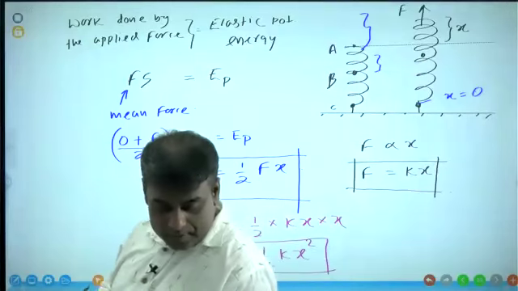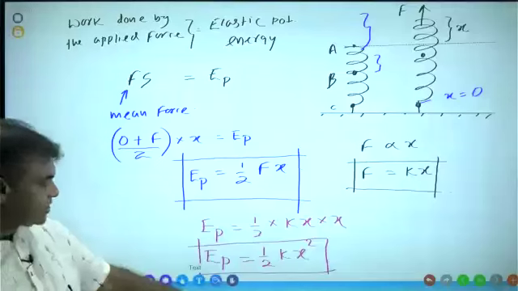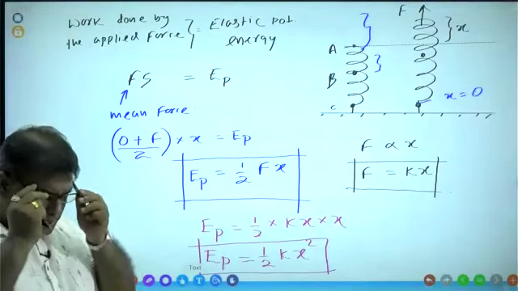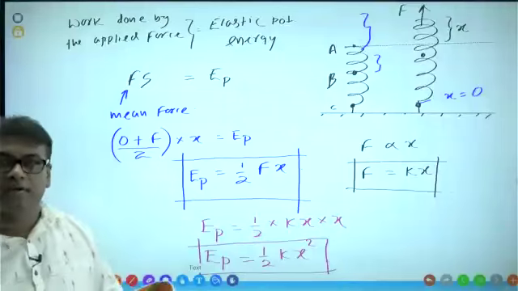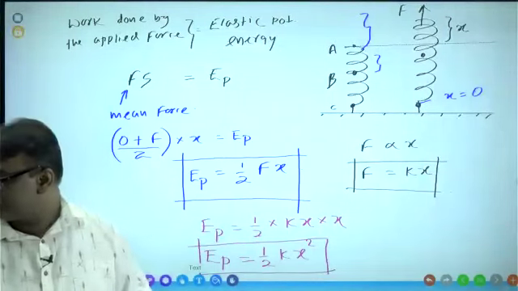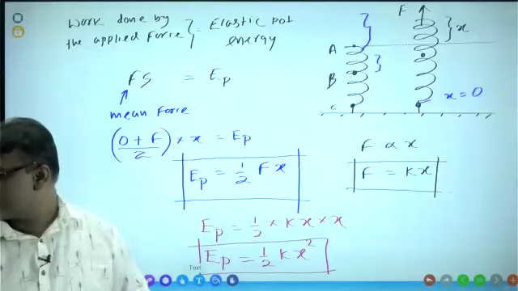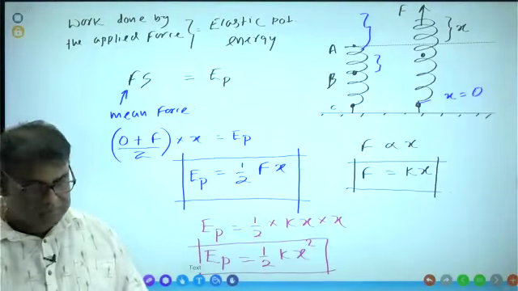Write the topic, energy conservation. Write down: total energy of an isolated system remains constant.